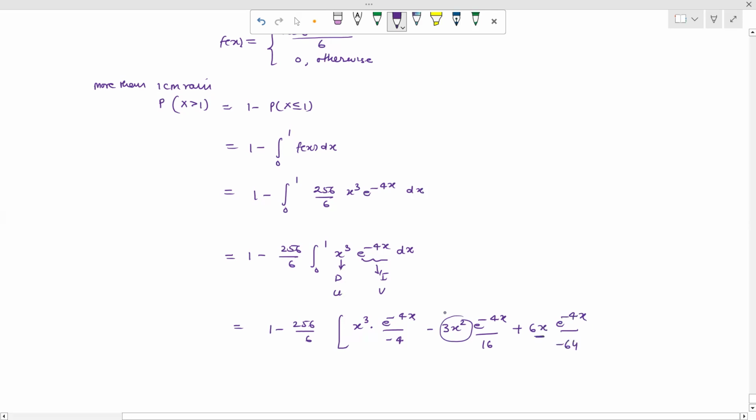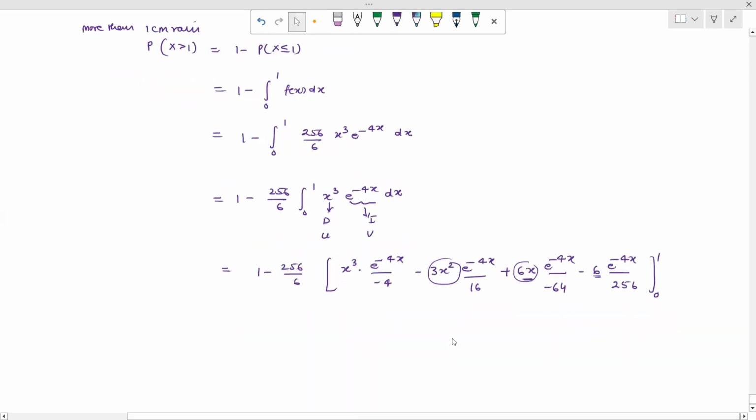Because we have x term also, we again write the next term: the differentiation of 6x is the constant 6, and four time integration gives plus 256. This is our constant, so the next term will be 0, so we stop the formula.